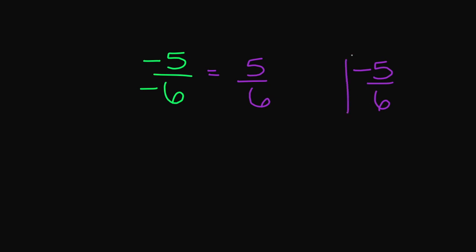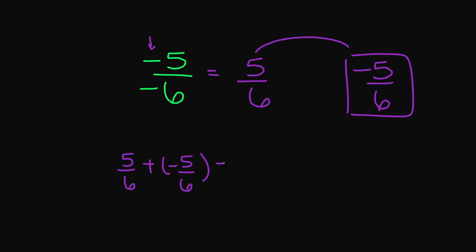Remember, these negatives here, they cancel out. So now, if I look at my 5 over 6 and my -5 over 6, 5 over 6 plus -5 over 6 is going to equal 0. So you have 5 over 6 minus 5 over 6, and yep, this is going to equal 0.